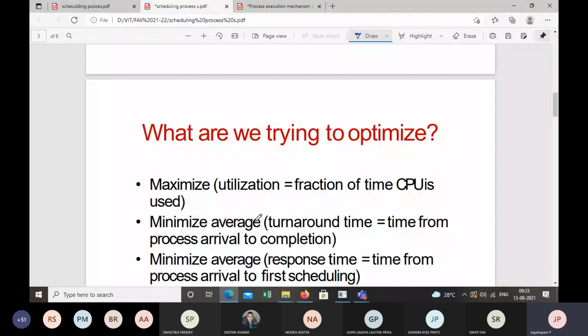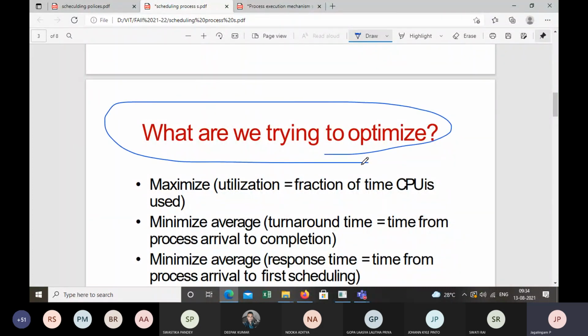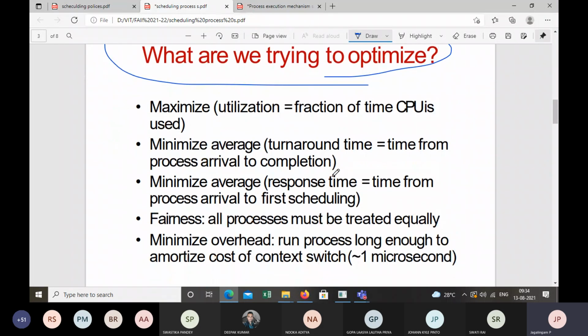Fine. Now, the scheduler has different goals. The scheduler tries to optimize certain goals. What are those?